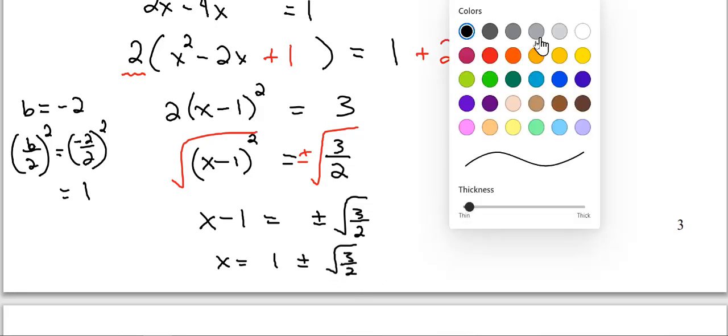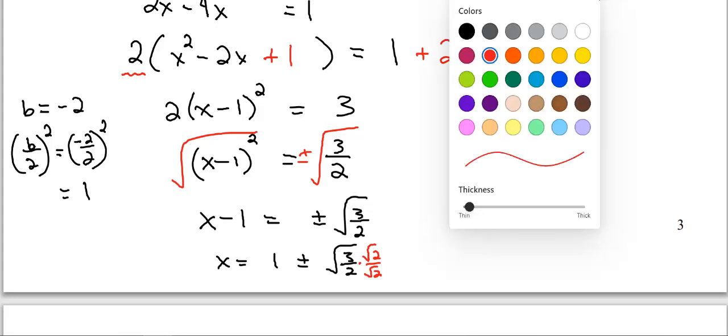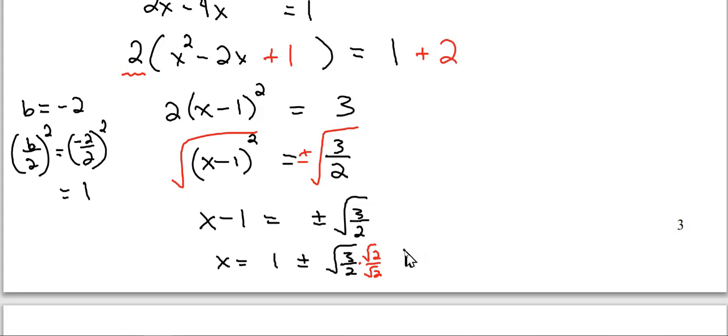If you want to rationalize the denominator, you can multiply just this guy by root 2 over root 2. You're just multiplying by 1, so you can do it to just that part of it. And that becomes 1 plus or minus the square root of 6 over 2.